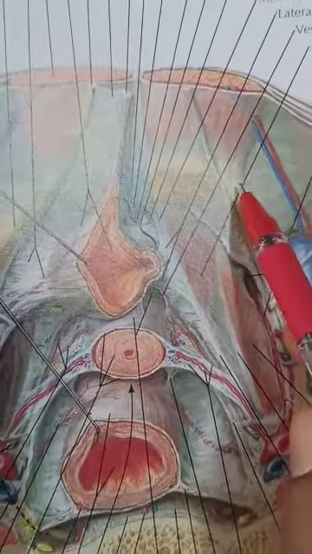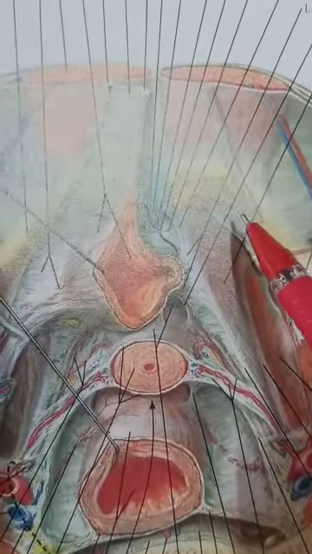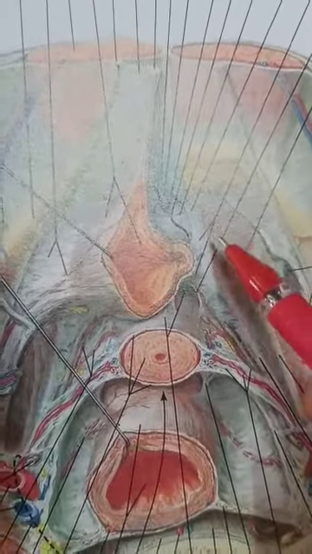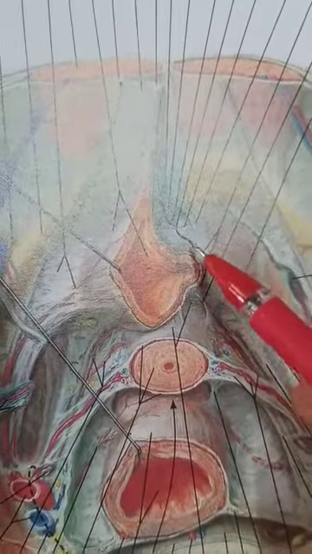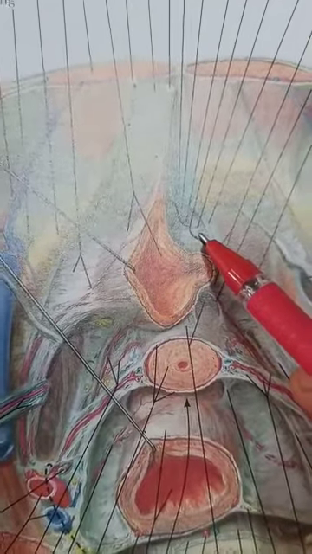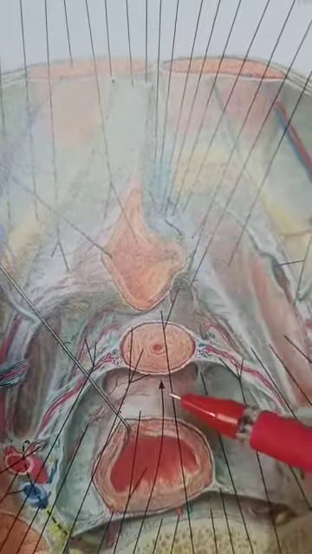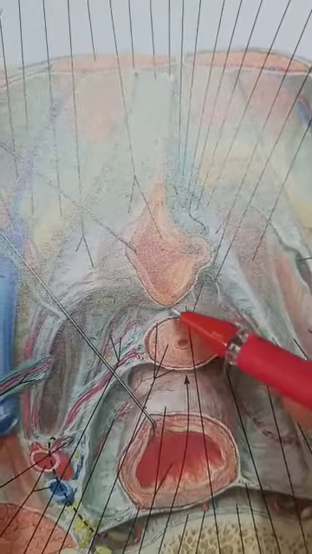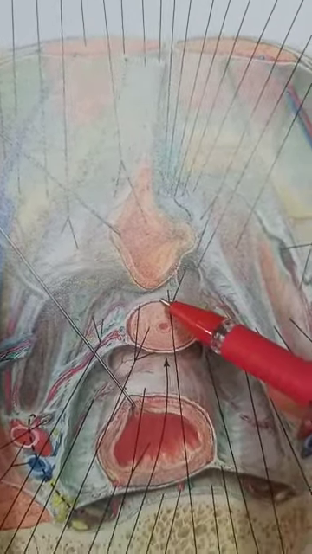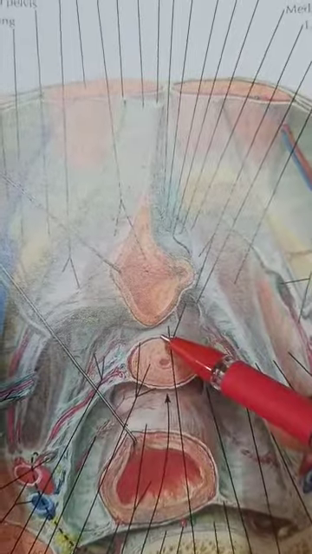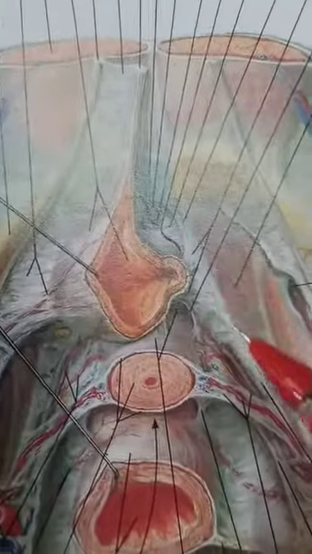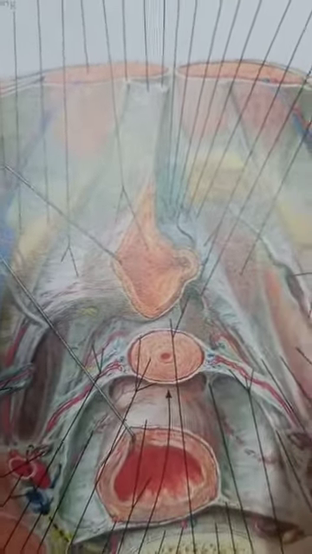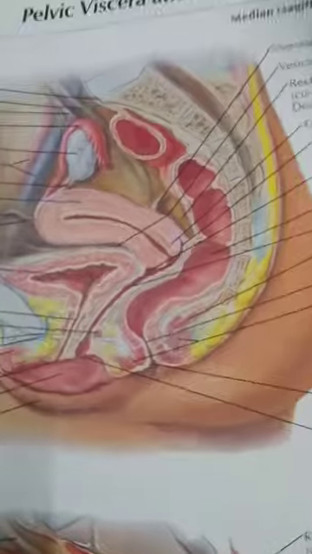Then the lateral false ligament of the urinary bladder is also there on either side. Then the posterior false ligament is also there, which are formed by the pelvic fascia or peritoneal fold. Okay, these are the true ligaments and false ligaments of the urinary bladder.